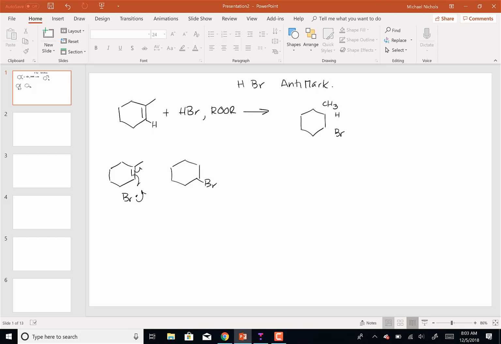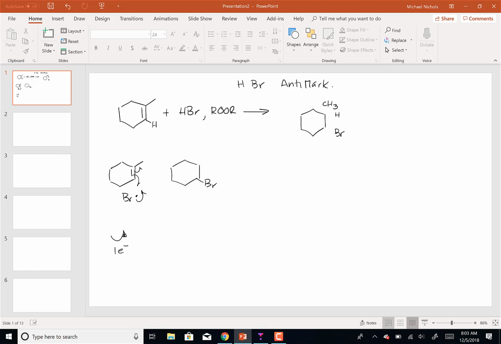So the way we write the arrows, again, these are half arrows. They're sometimes called fish hooks, because they look like fish hooks, although if you shade one in, it's basically half of an arrow, and so it indicates one electron movement. We've been writing full-headed arrows, which means 2 electrons are moving.